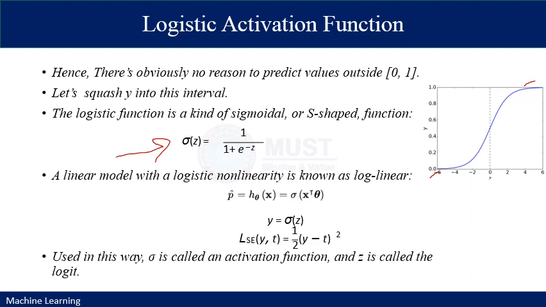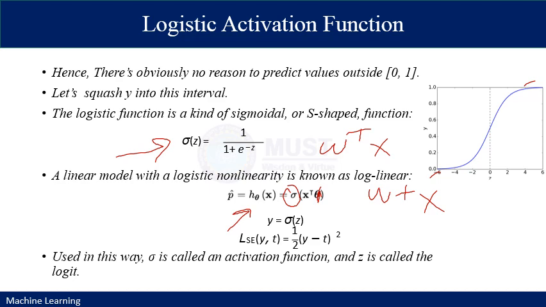So much similar like the previous model, we have W transpose x. Here we use the theta term, which is W transpose x. So the prediction is again h of theta or h of w, and we employ a sigmoidal function, which is the logistic activation function, to predict the actual value.